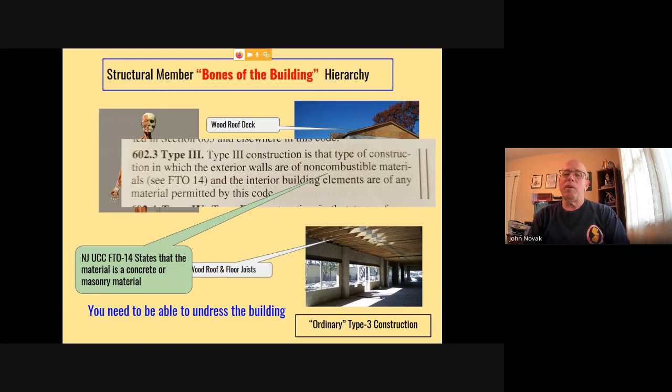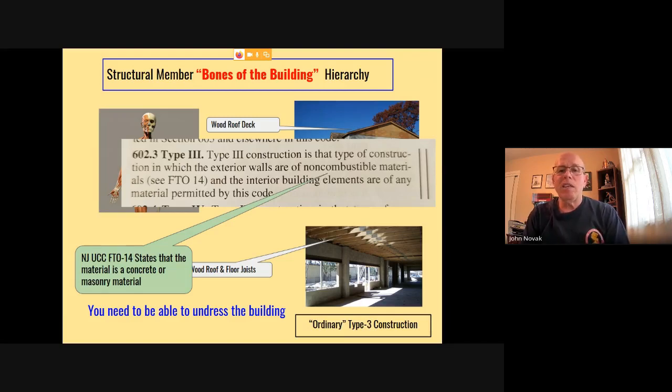Now, formal interpretation FTO 14, that is found in the New Jersey Uniform Construction Code, is an attempt to clear up some of the ambiguity with the exterior walls being non-combustible. Right?